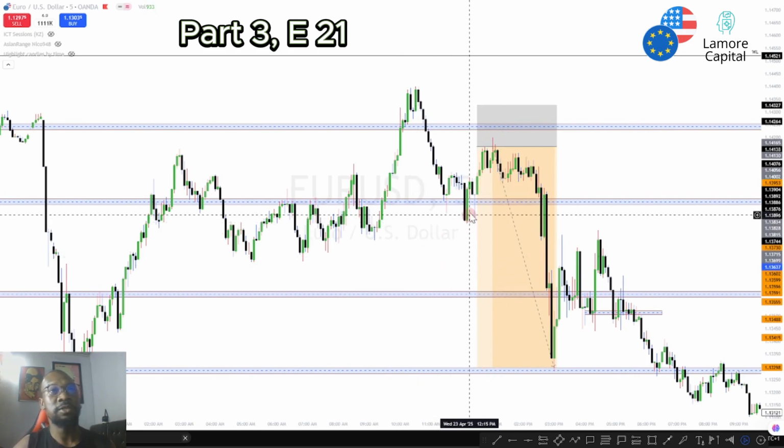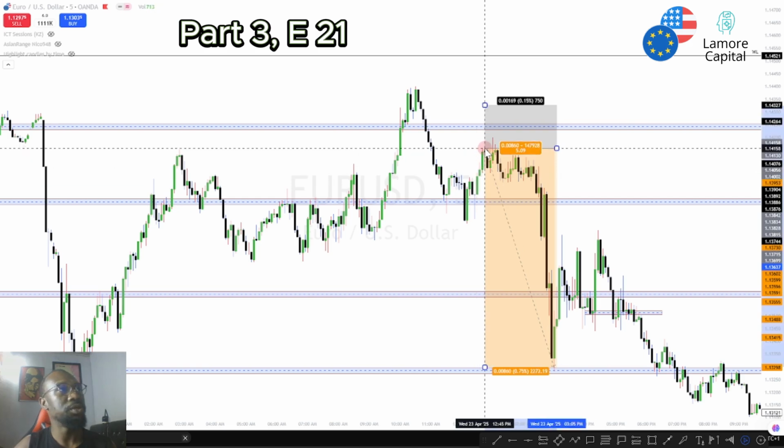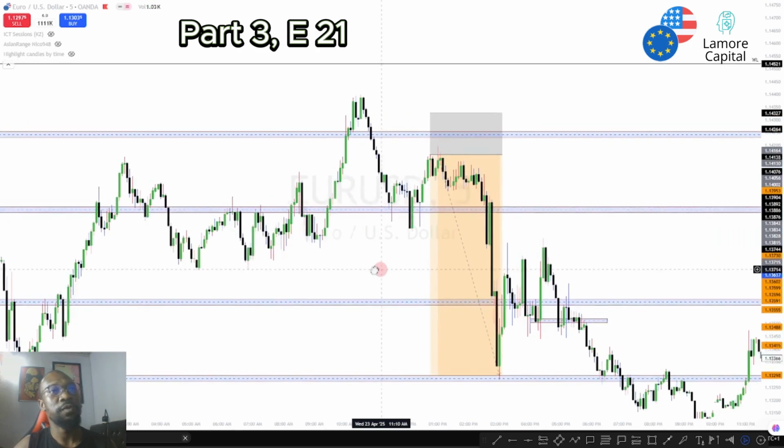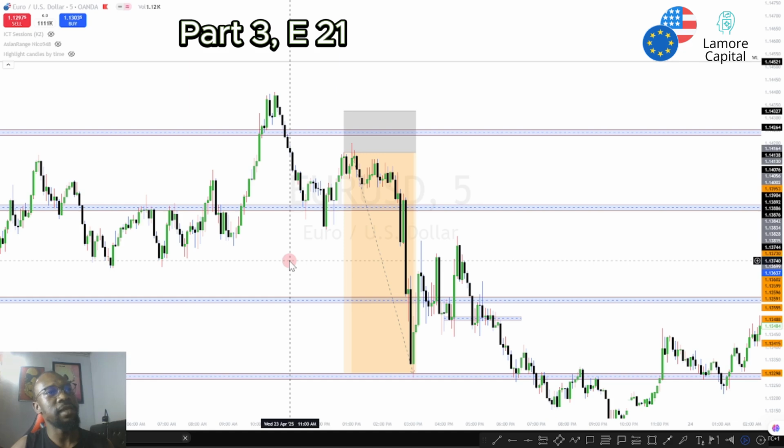I think I caught this trade on the New York session. So for this particular trade, let's see, how did we get this trade? I think I caught this trade using my Fib level, using Fibonacci level.